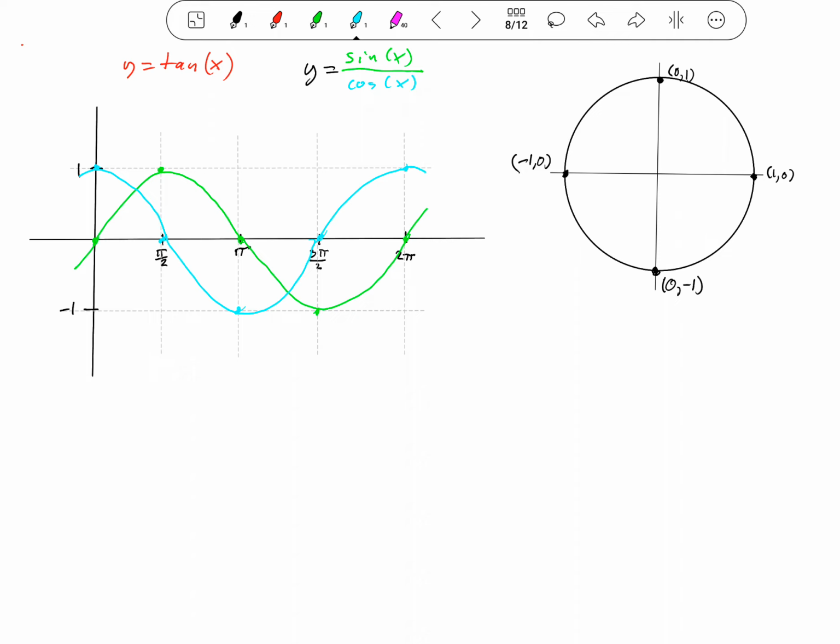And so when I'm graphing the tangent x, whenever cosine x is 0, that's not going to be defined, so that's going to correspond to vertical asymptotes.